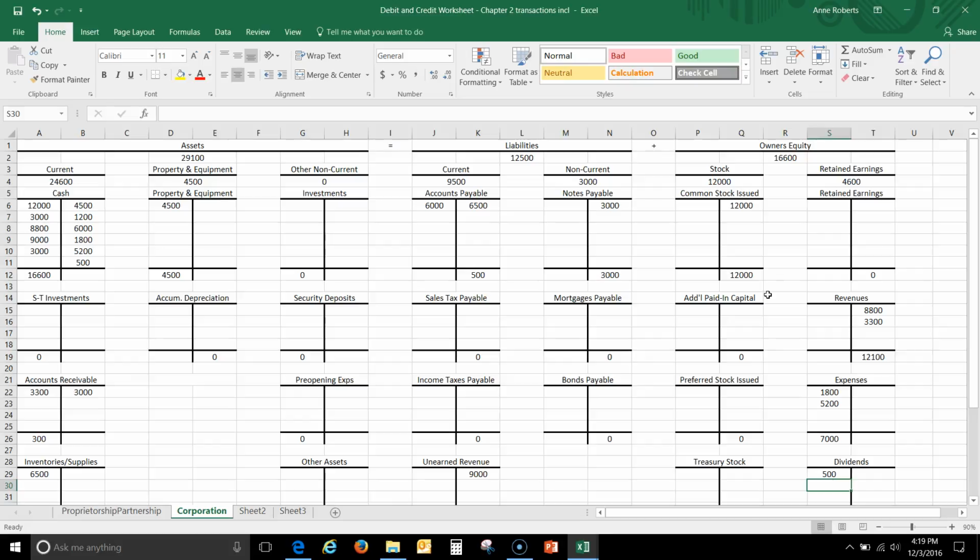Then we've got dividends of $500 and revenues of $12,100. I've got the expenses totaled together, but you can see on the trial balance, each one of those different types of expenses will have its own balance. If we balance debits and credits, we now have a total of $36,600.